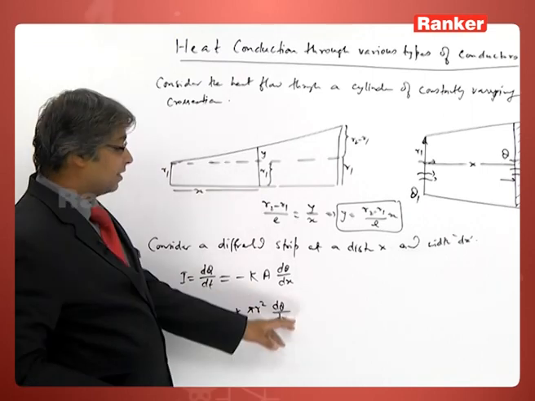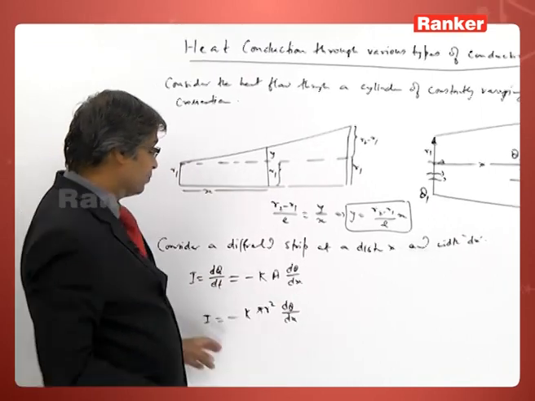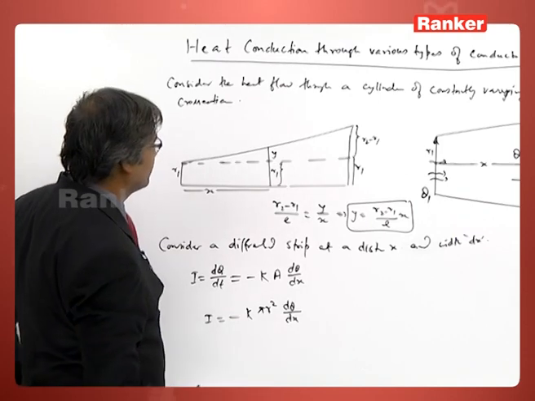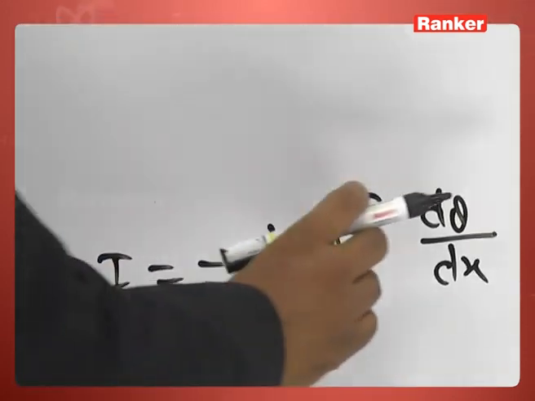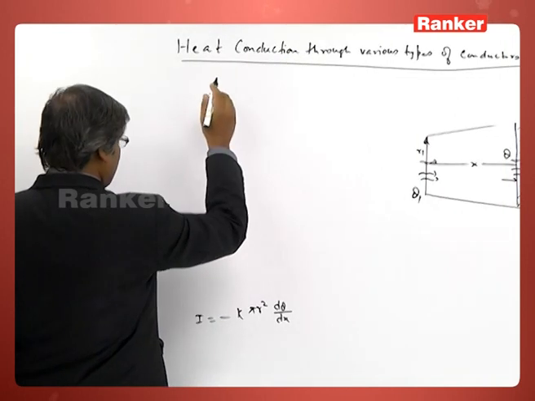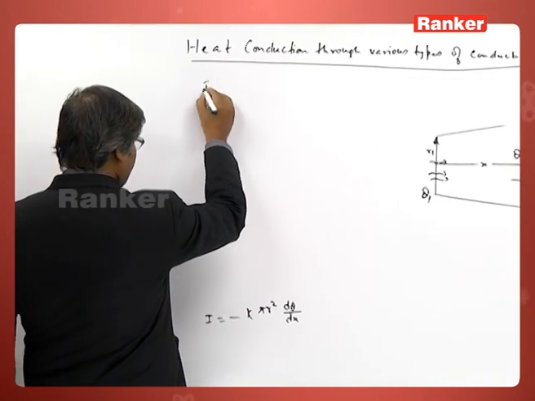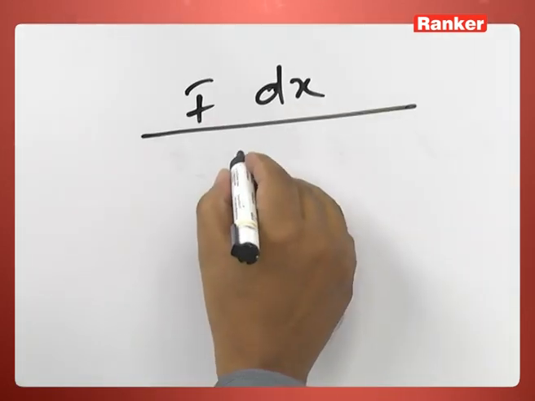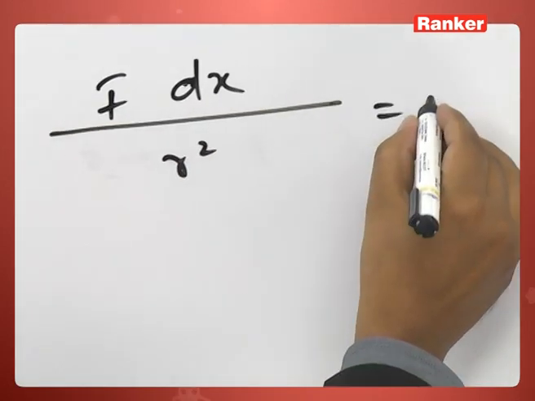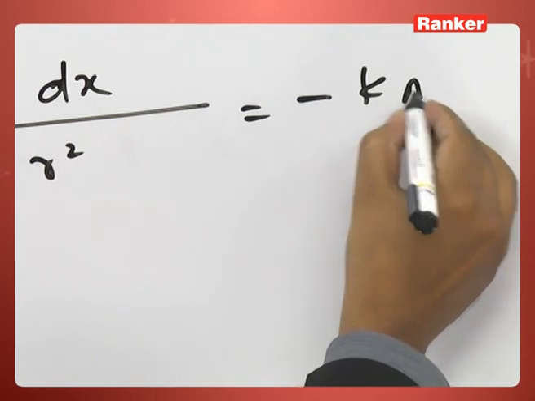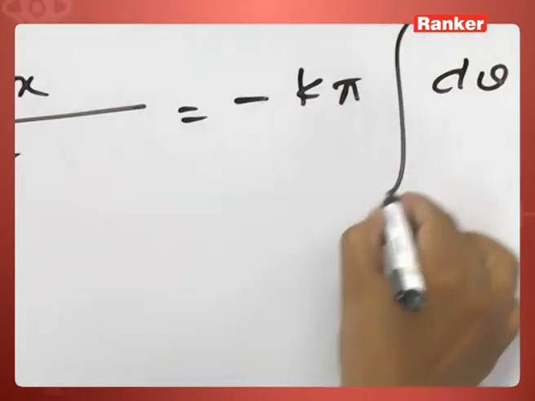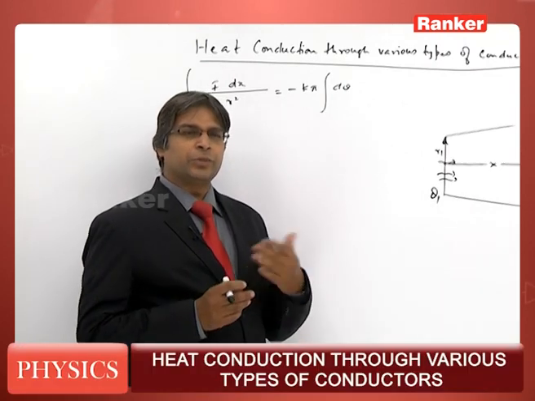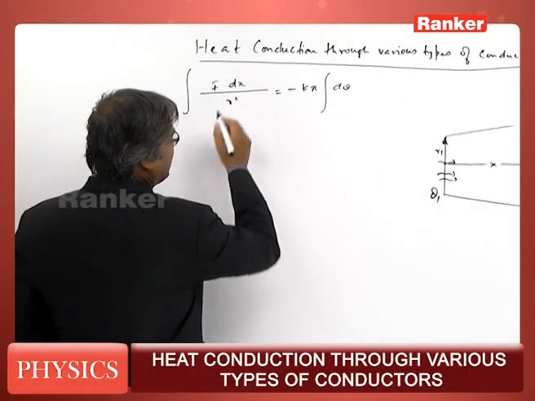Now, let us handle this equation which we got from Fourier's law of steady state heat conduction. We will bring this I here: I into dx by r square is minus k pi d theta. Now, let us substitute the limits. Here the variable is x.